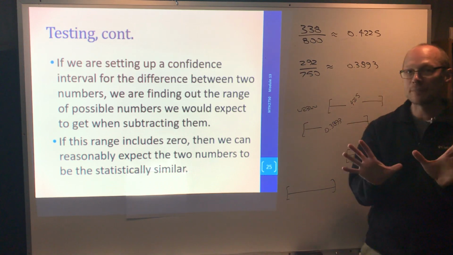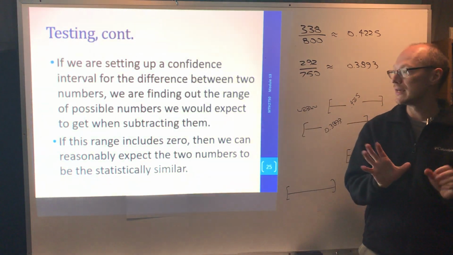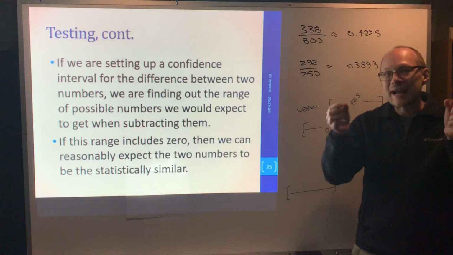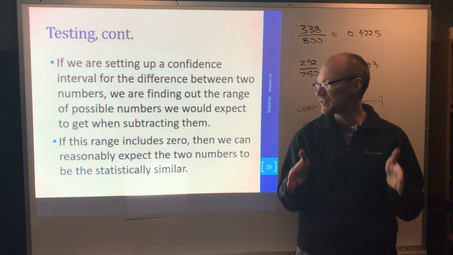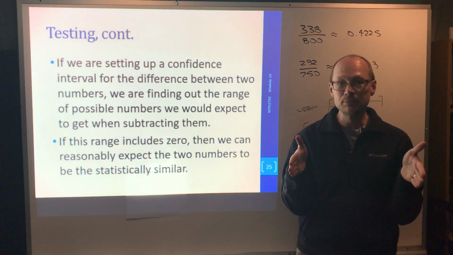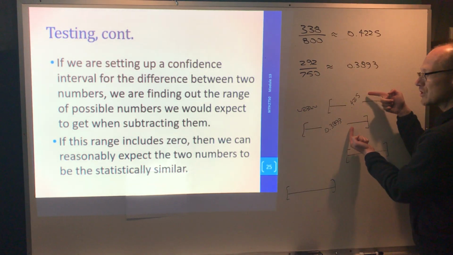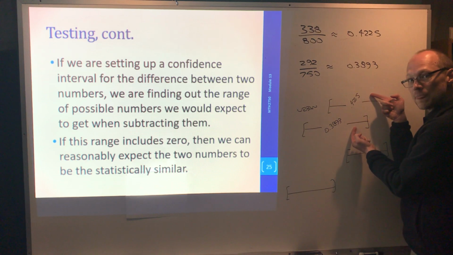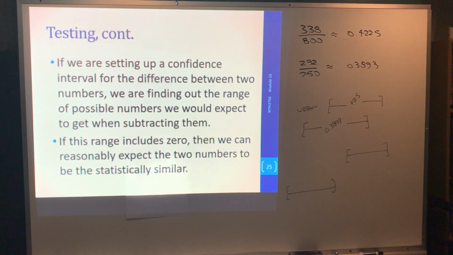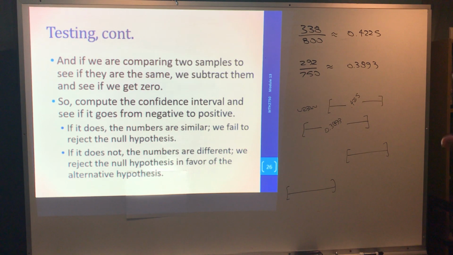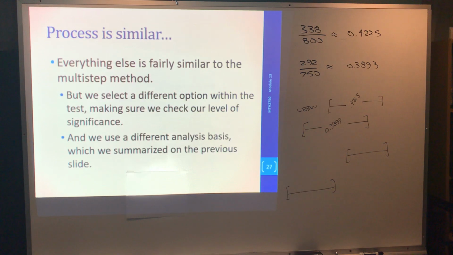So when I set up this confidence interval with those two things, if the single interval I create includes 0, then we can reasonably expect that the two numbers are statistically the same, statistically similar. Okay? So the process is similar.